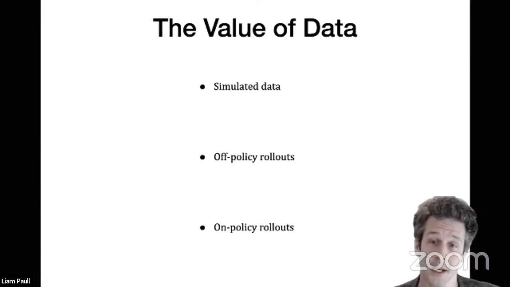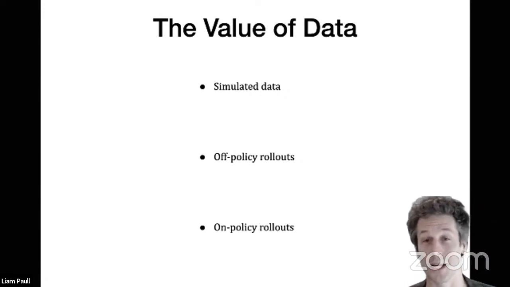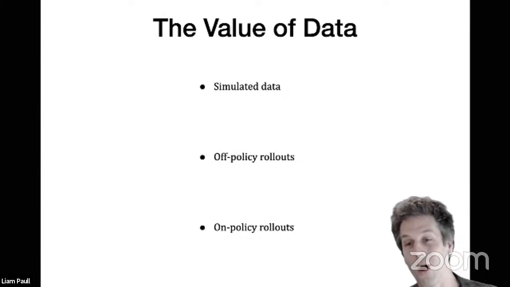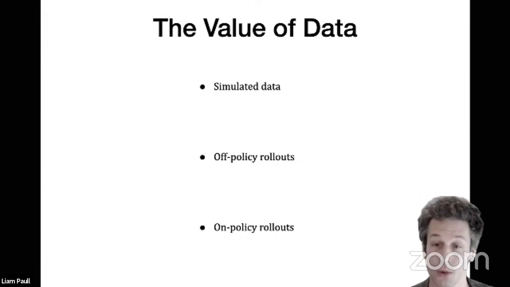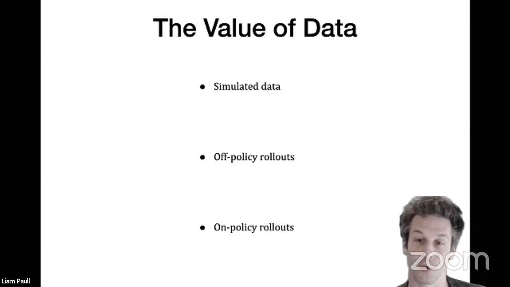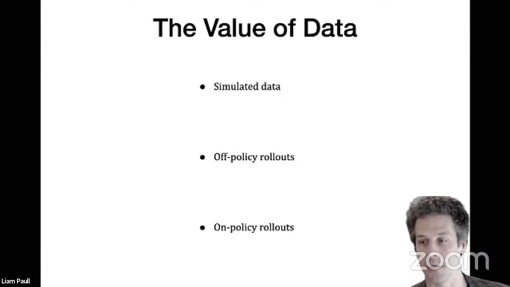And then finally, we have on-policy rollouts, which are like the gold that we really want, because that's our agent rolling out our current best policy, and we can use the performance of that rollout to maximally inform how we should adjust that policy.